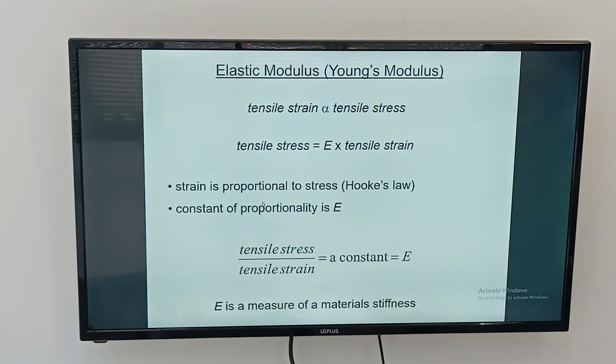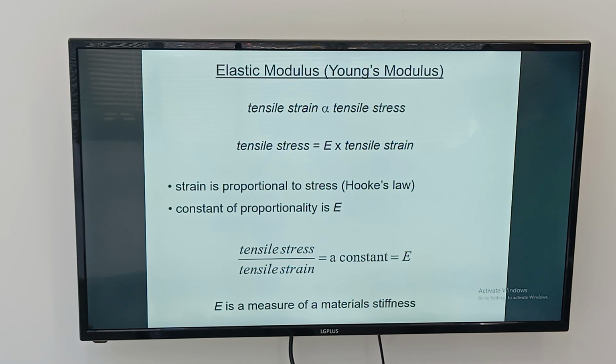The constant of proportionality is E. So, tensile stress equals the constant of proportionality times tensile strain. To know the value of the constant, we divide tensile stress over tensile strain.